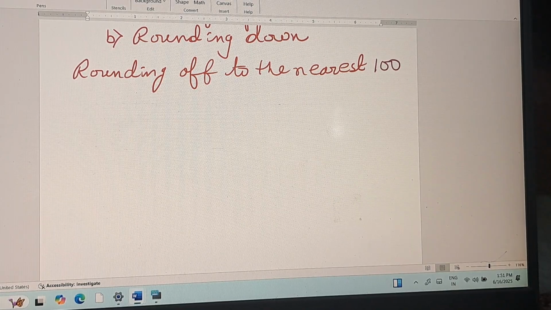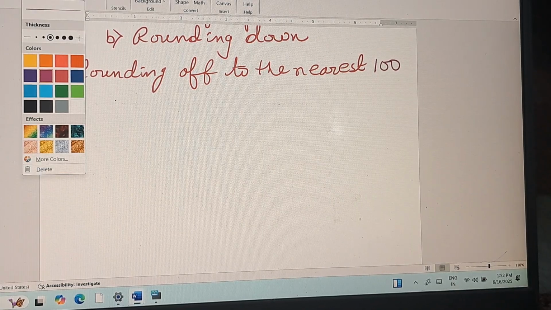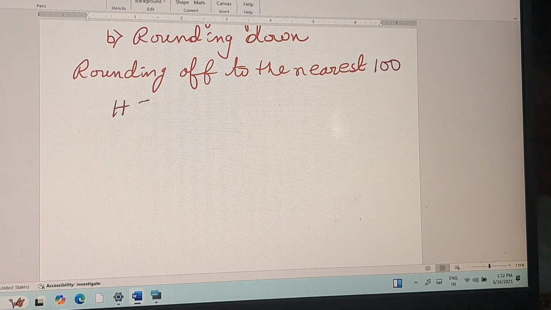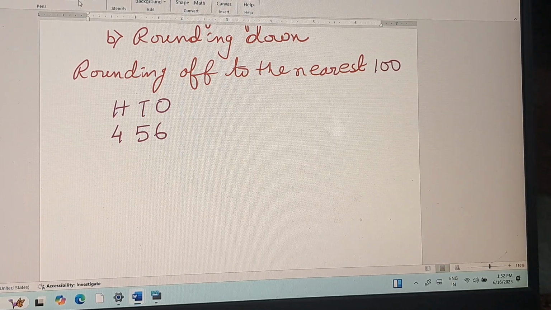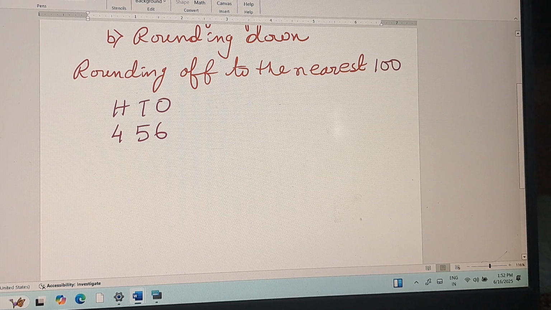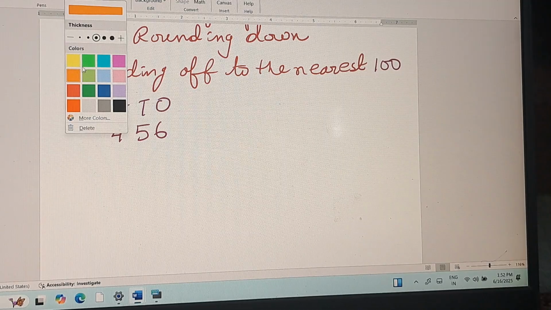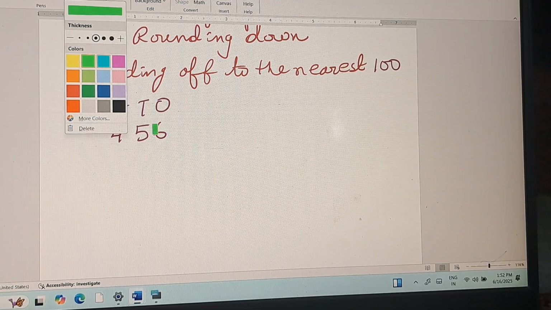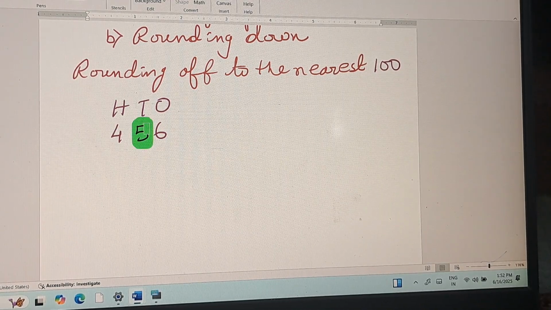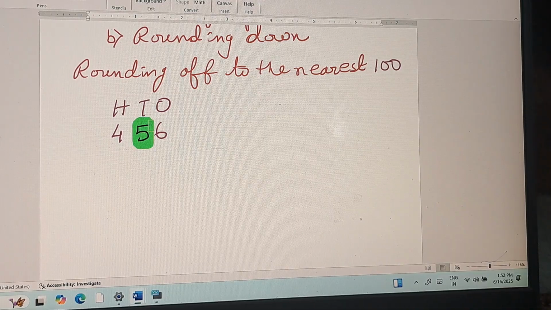So in nearest 100, if I take one example with a 3-digit number, first one I am taking 456. Now here we have to be very careful. For rounding off to nearest 100, we have to check the tens place.